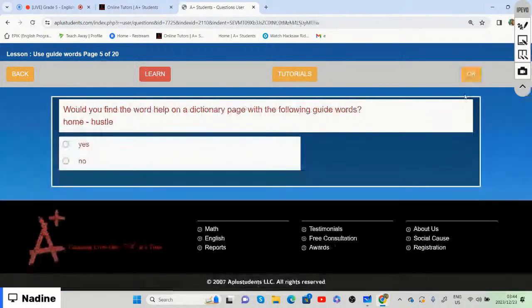And would you find the word help on a dictionary page with the following guide words? Home and hustle. If we look at the word help, help is H-E.